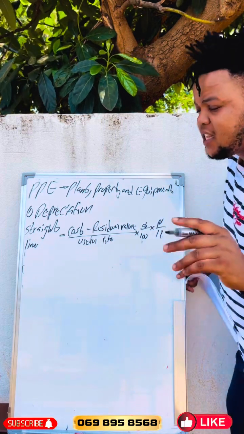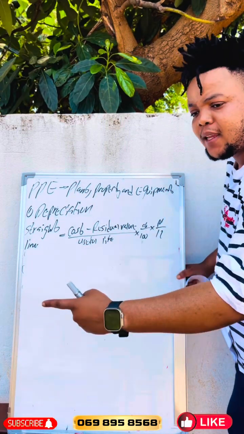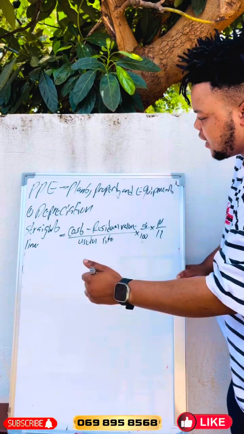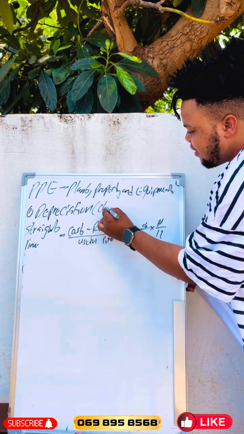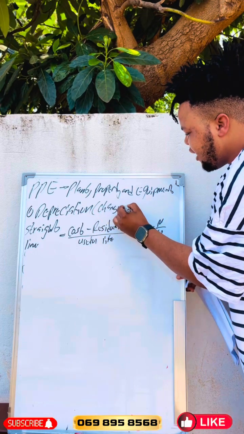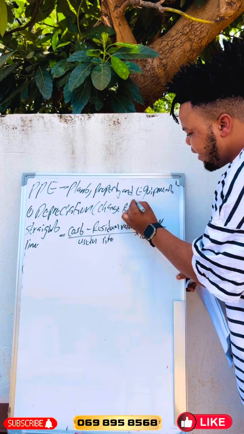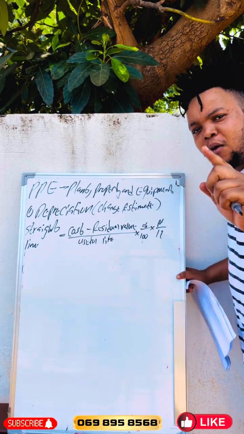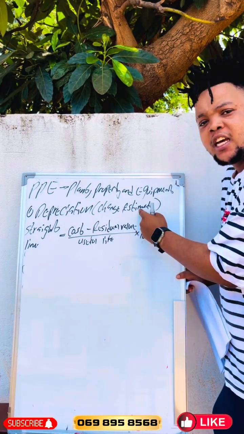So this simply means that if the estimate was 5 and at the end it was estimated that the remaining is 3, there is what we call a change in estimate. How does the change in estimate affect us?